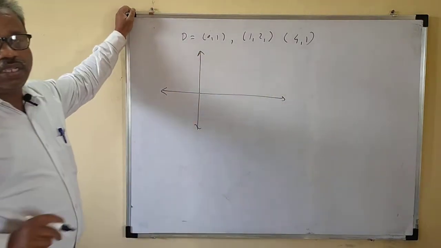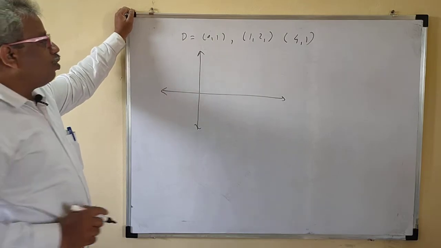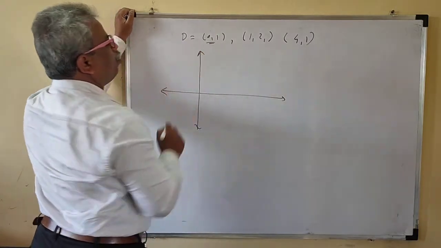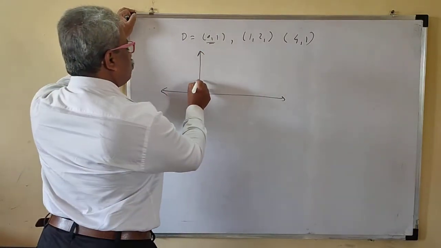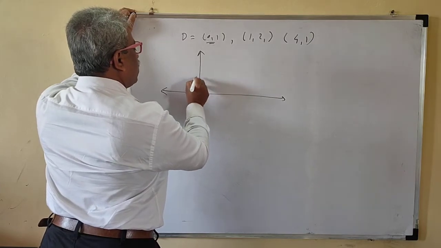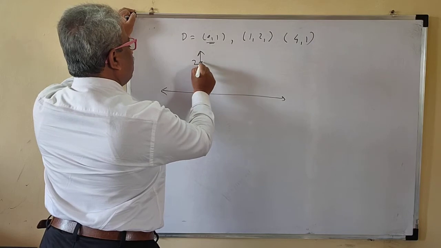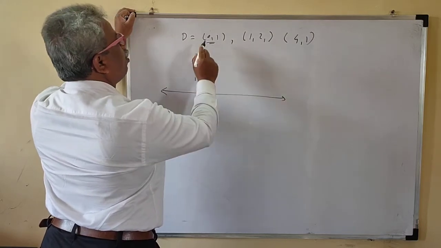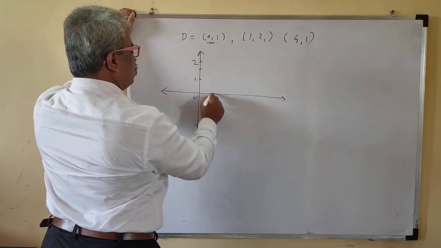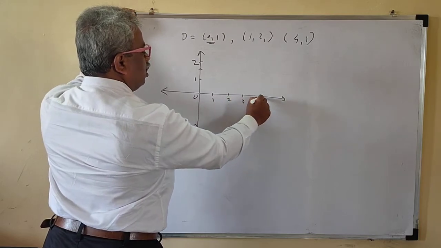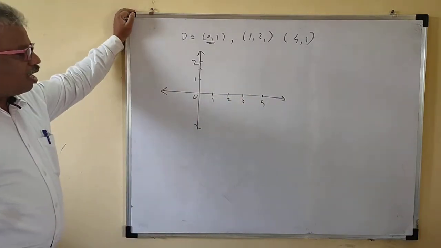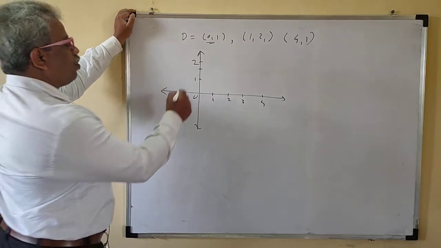This is very important. First we draw the number line. The value of y we got is 1 to 2 only, so I'll take y as 1, 2 here. The value of x is 0, 1, 2, 3, 4. I will draw here. I will plot 0, 1, so your point 0, 1 is here.